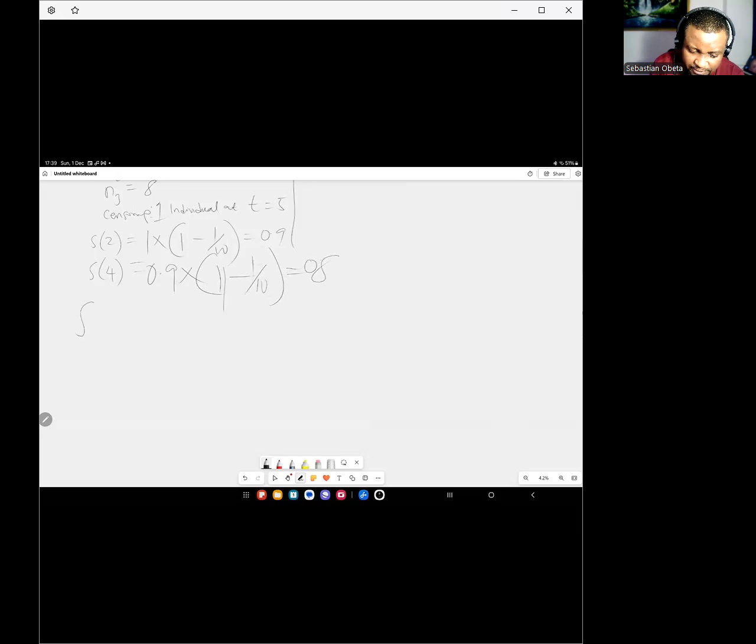Now for S of 6, we are going to have the 0.8 that we have here multiplied by the survival probability, which is 1 minus, no. Hold on. Let's go back.